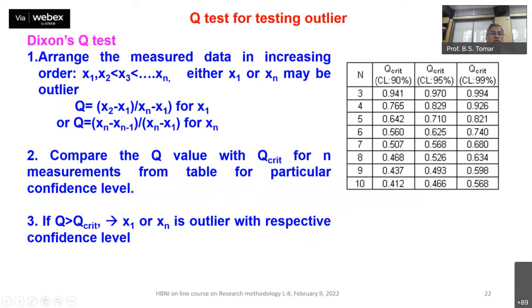In this case, if Q is more than Q critical, x1 is an outlier. In this case, if Q is more than Q critical, xn is an outlier. So that is how you can reject the outlier. Instead of blindly rejecting a value, you do this Q test and then say this value might have some error. You might have made some mistake in noting it down.